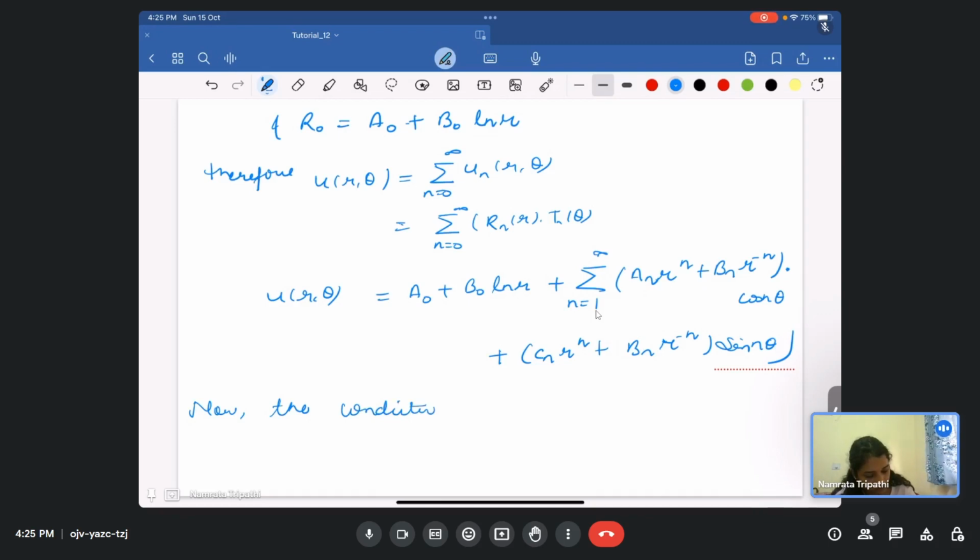Now the condition u_r of 1, theta is given as sin theta, where theta is from 0 to 2 pi. Okay, you have to differentiate u of r, theta with respect to r, and then in place of r you have to substitute 1.